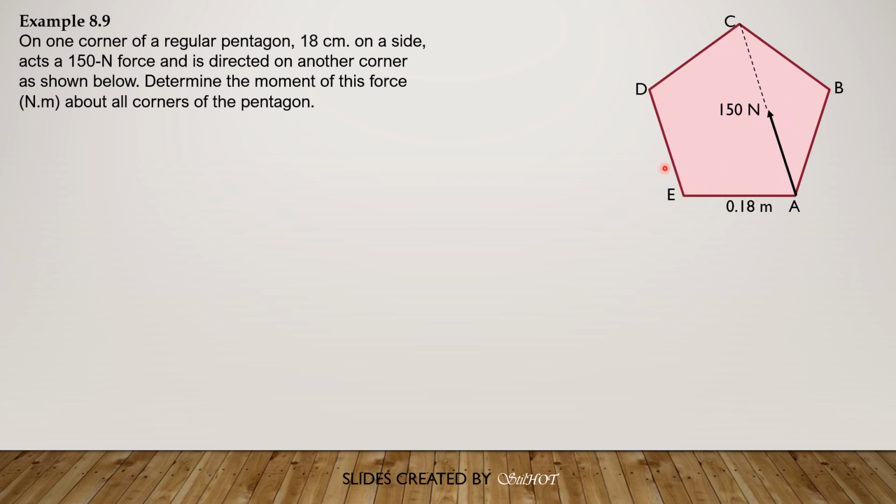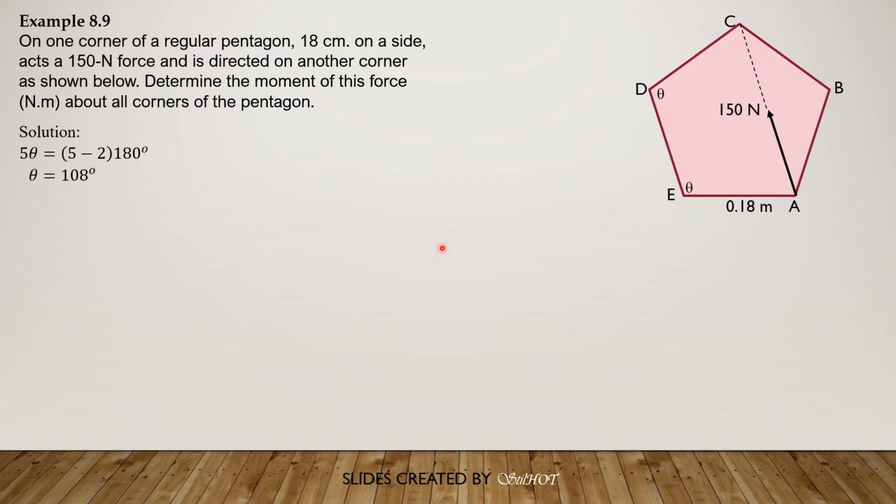So let's solve first the interior angle of a pentagon. So there are 5, so 5 times interior angle theta is equal to the sum of interior angles of a polygon, which is n minus 2 times 180 degrees, in which n is 5. So 5 times theta equals 5 minus 2 times 180 degrees.